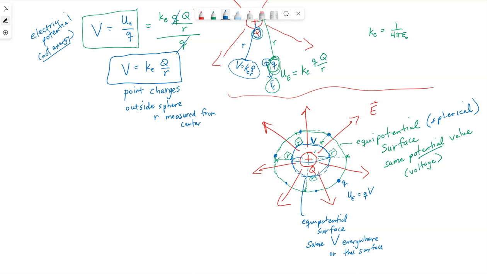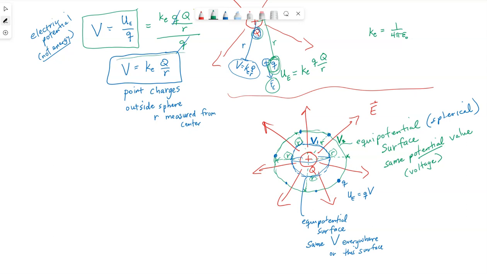So if this new one I drew is a V1, I would want to label the second one I drew as a V2, or I could interchange 1 and 2. They have different values, but what we find is a point charge placed anywhere on the equipotential surface is going to experience or have the same amount of potential energy, regardless of where on the surface it is located.